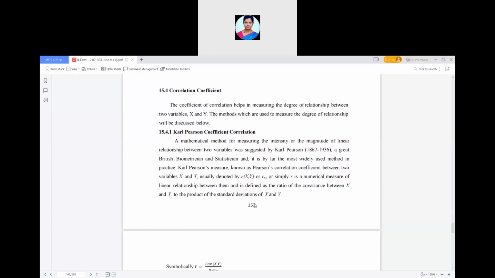Karl Pearson suggested this method of measuring correlation. Karl Pearson's correlation coefficient, or Pearson correlation coefficient, between two variables x and y, usually denoted by r(x,y) or rxy, or simply r, is the numerical measure of the linear relationship between them. These are the notations we are using, and it is the ratio of the covariance between x and y.